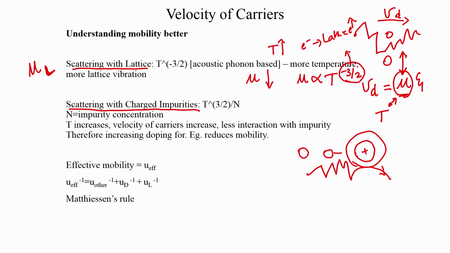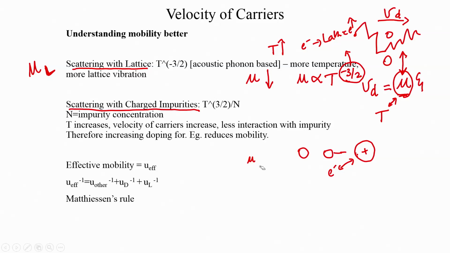And that scattering is also temperature dependent, but it has a different kind of relation with temperature. In this case, it is quite important to see how much time the electron spends interacting with the charged defect. If the electron spends a long time interacting with the defect, the scattering will be larger and the mobility will come down.